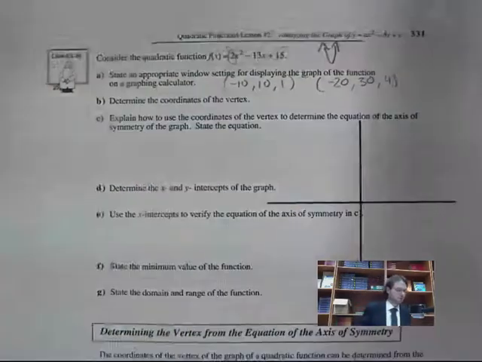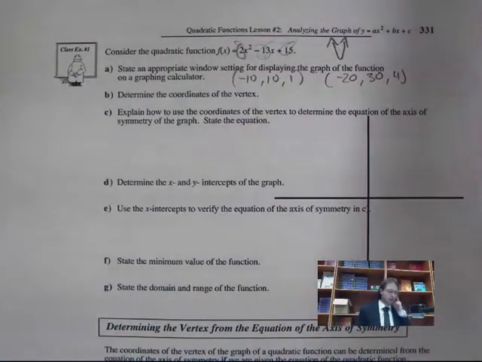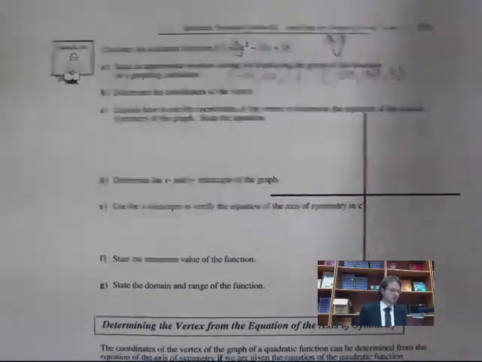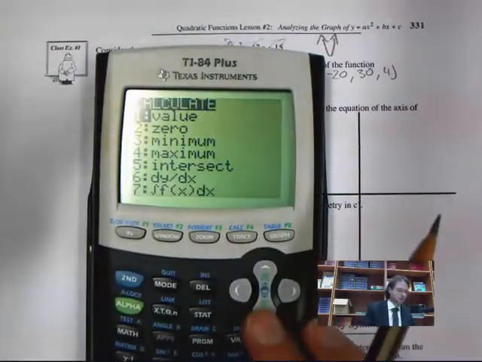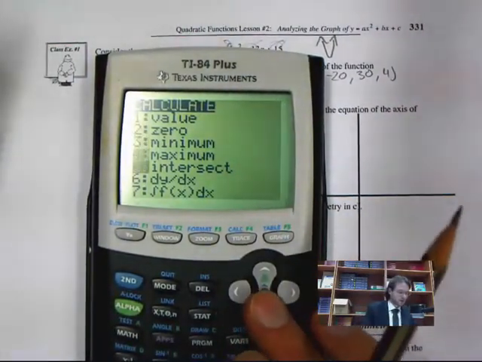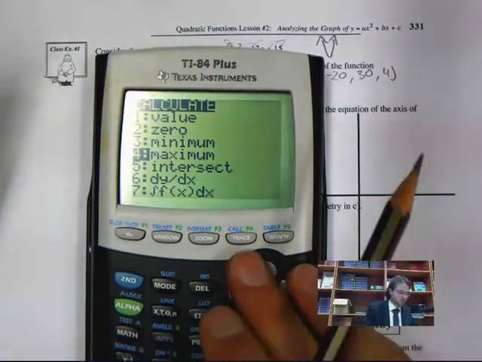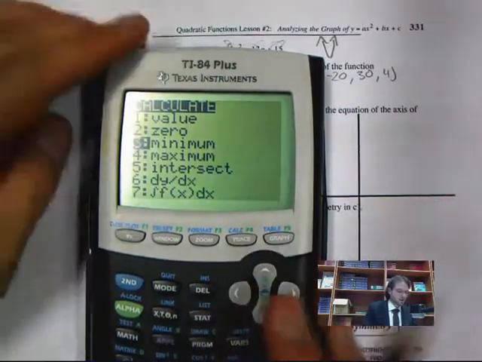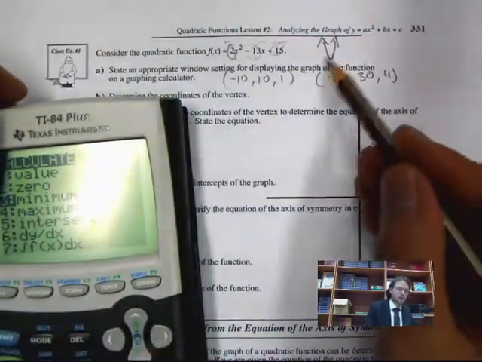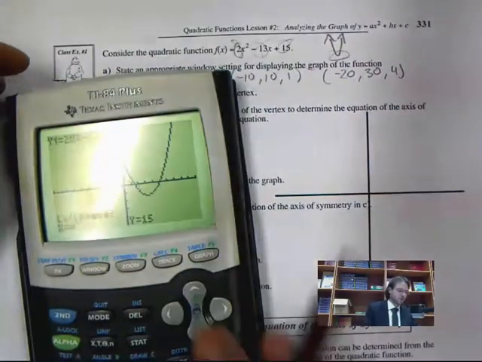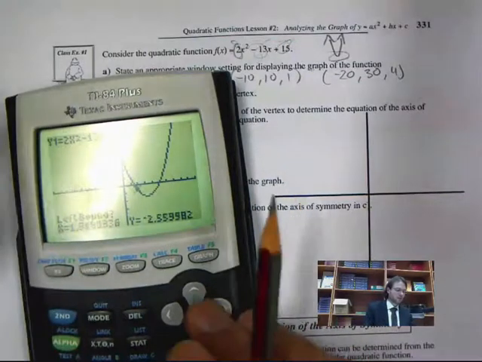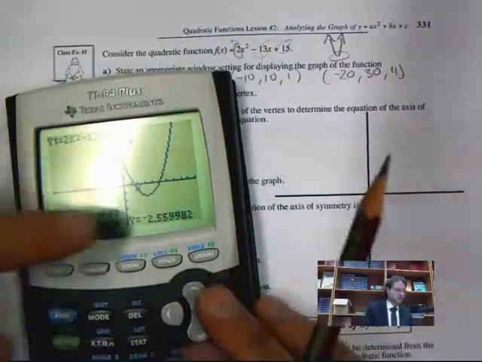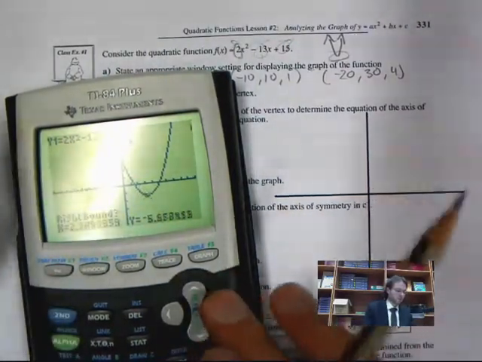So now it wants to know, determine the coordinates of the vertex. So how do I determine the coordinates of the vertex? Well, all we're going to do is find my max or min. So I'm going to second calc, and I want to go all the way down, and we're going to find, in this graph here, there's a minimum. He's positive. There's only a minimum, how low he could go, and we're going to find it. We want left, so anywhere left, and then anywhere right of my minimum.